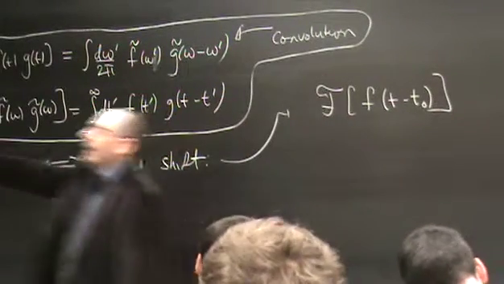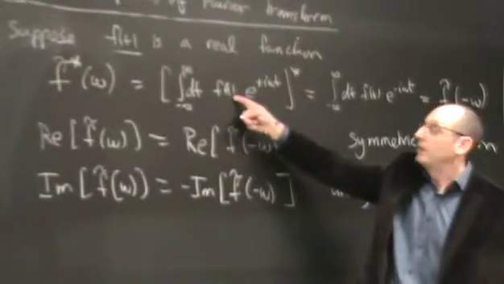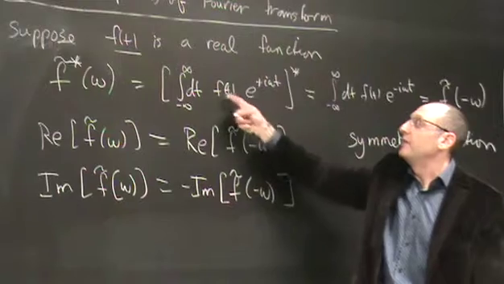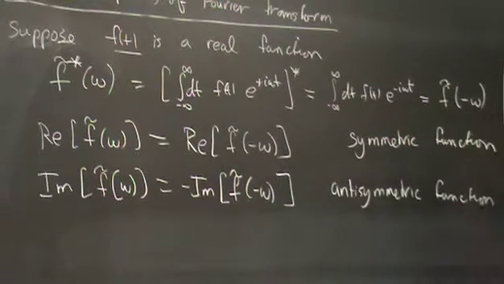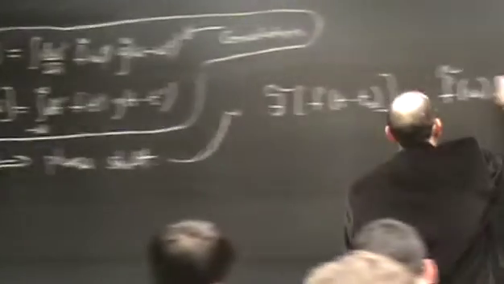If I put f of t minus t naught here, well then I can just redo the variables and that causes a shift of the phase. So the Fourier transform of a shifted function is a phase shifted version of the Fourier transform.